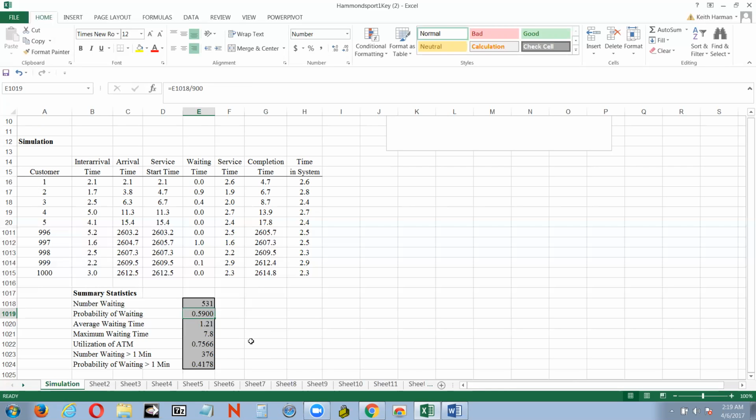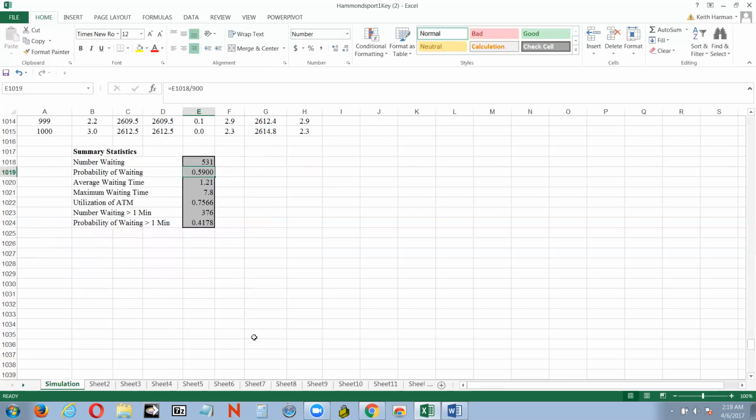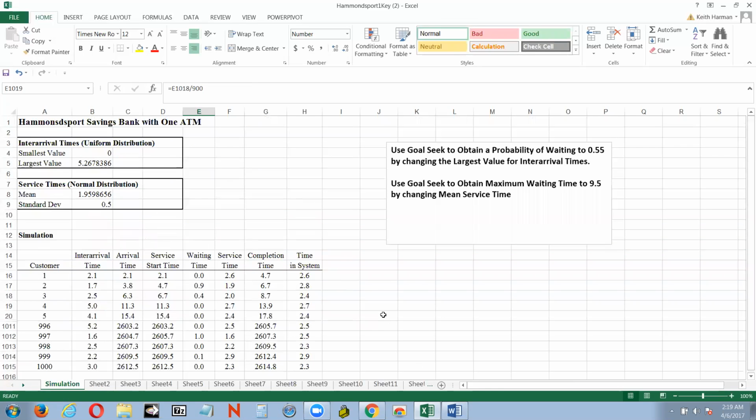Okay? Now, what I'd ask you to do, first of all, was to use GoalSeek to obtain a probability of waiting of 0.55 by changing the largest value for inter-arrival times. All right? So let's look at this for just a minute.